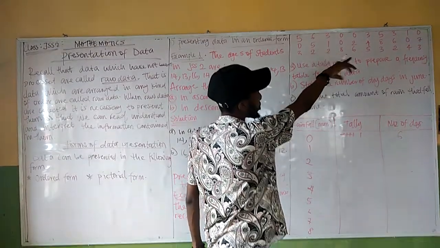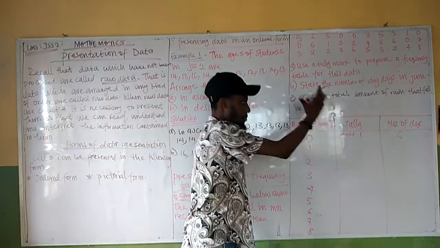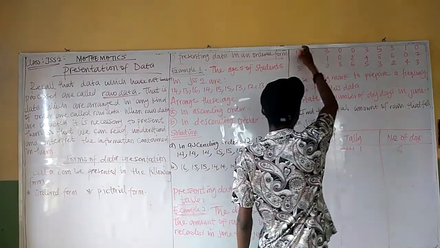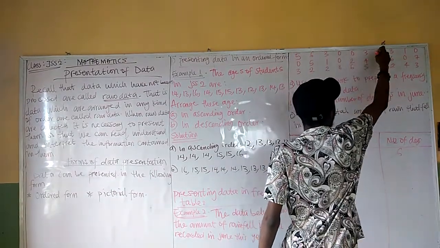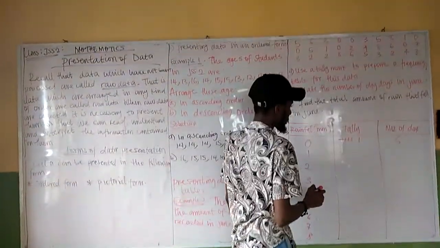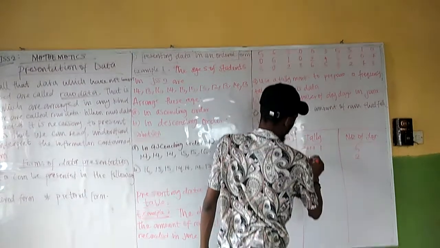What is the frequency of 1 you have in that data? Remember, what we are trying to show you is arranging it and presenting it in a more readable form. So how many 1 do you count? 1, 2. So the frequency of 1 there is 2. Write it, then you present it with tally.